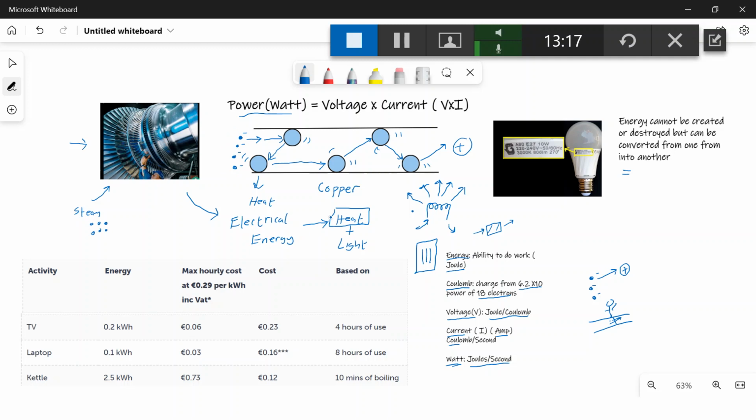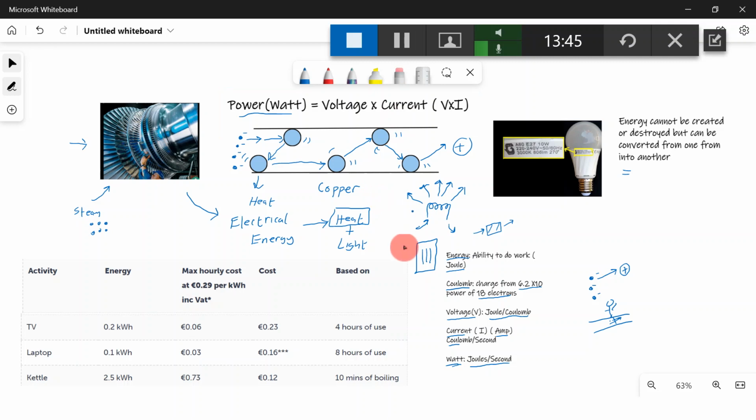That electrical energy then can be used to do all kinds of useful work, like light a light bulb, like make a heater heat up. If you take a toaster, for example, the same principle. You have this movement of electrons. It causes the elements in the toaster to vibrate. When those elements vibrate, they get hot, and that heat energy is what's used to toast your toast, so that you can have your breakfast.